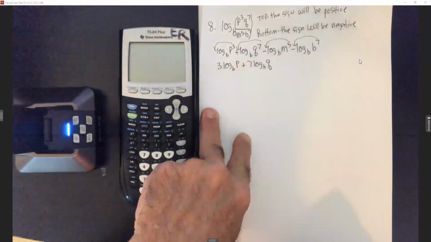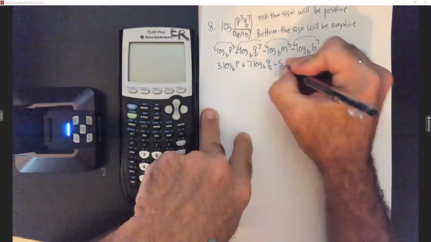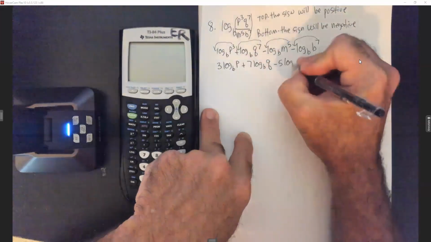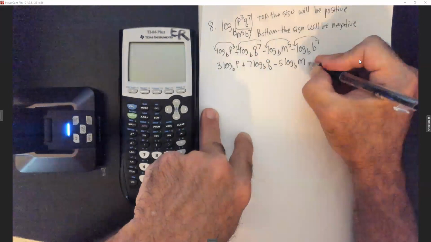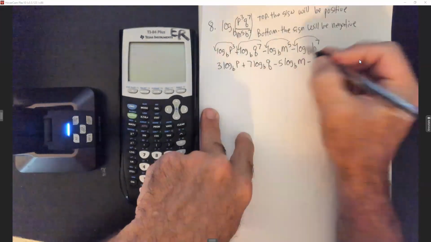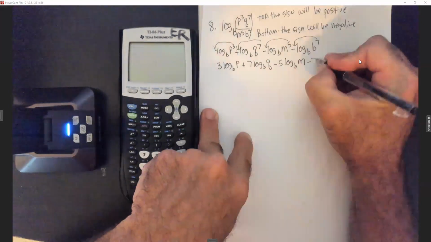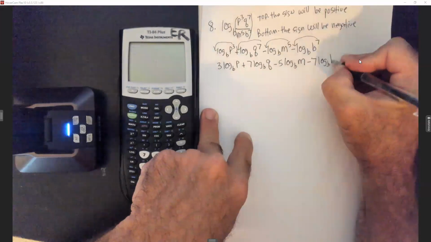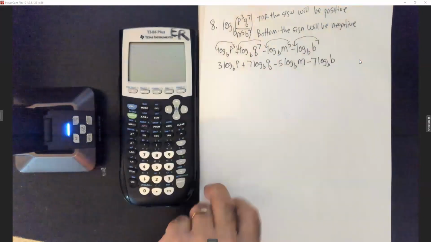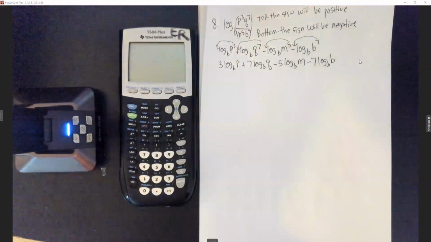Bring down the 5, so that'll be minus 5 log b of m. Minus, bring down the 7 at the end, 7 log b of b. So y'all, we are happy all the exponents are brought down, but I will say this.